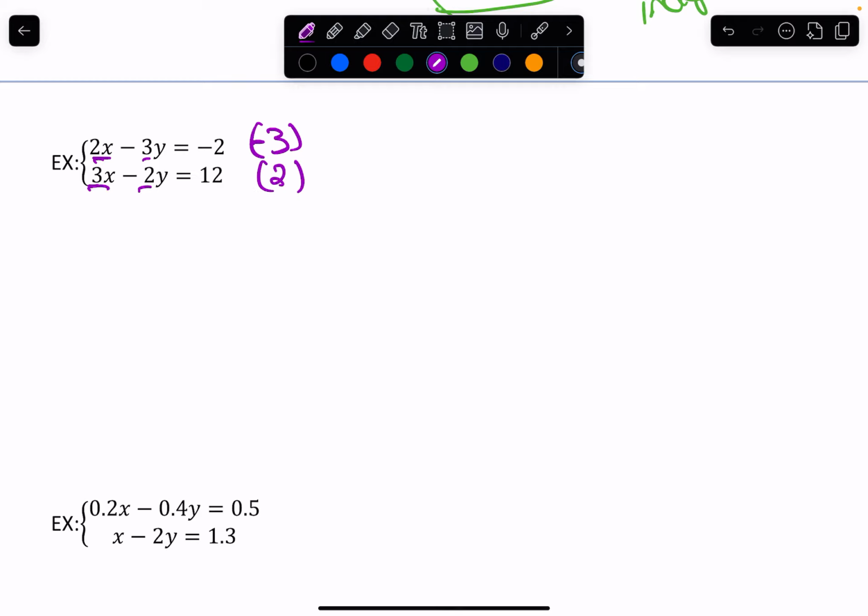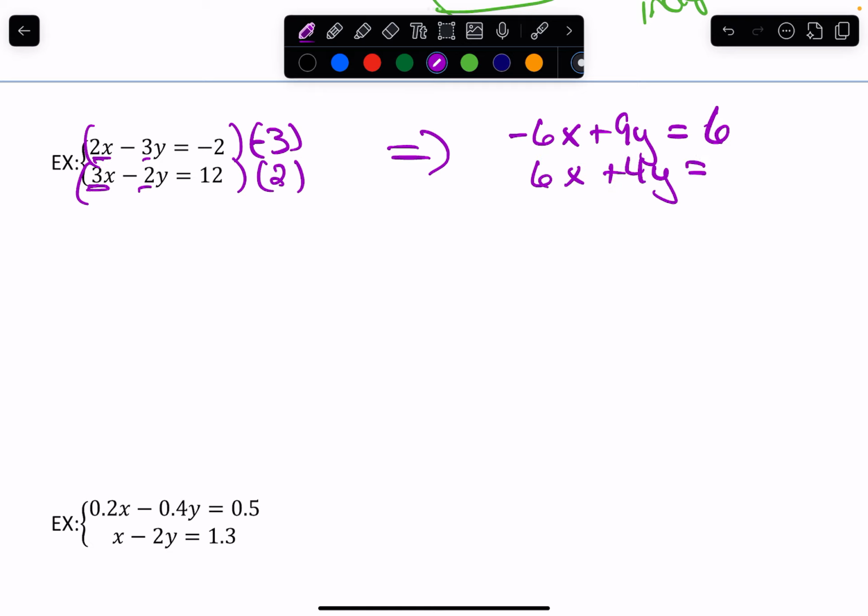So I'm looking at the 2x and 3x, trying to get those the same. When I multiply the top one by negative 3, I get negative 6x plus 9y equals 6. The bottom one is going to be 6x plus 4y equals 24.